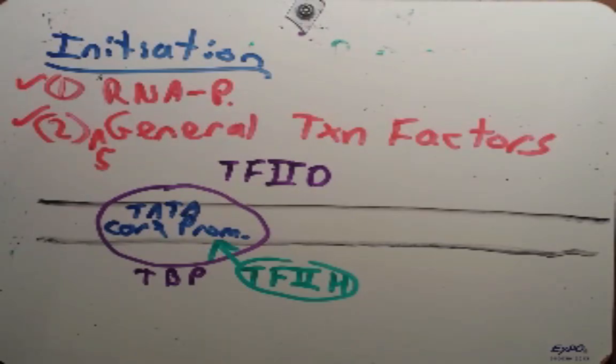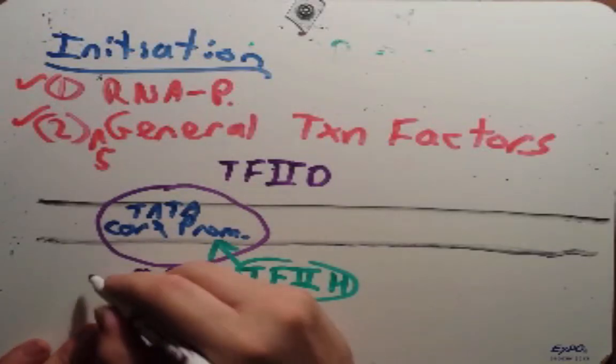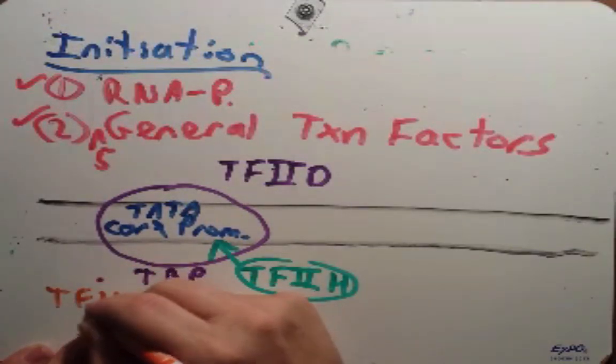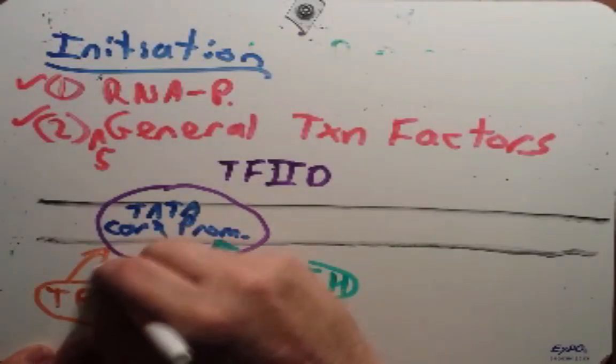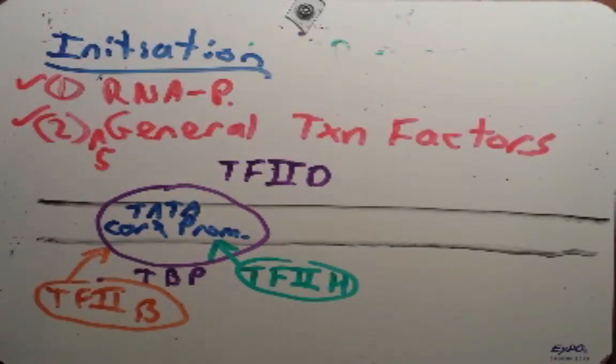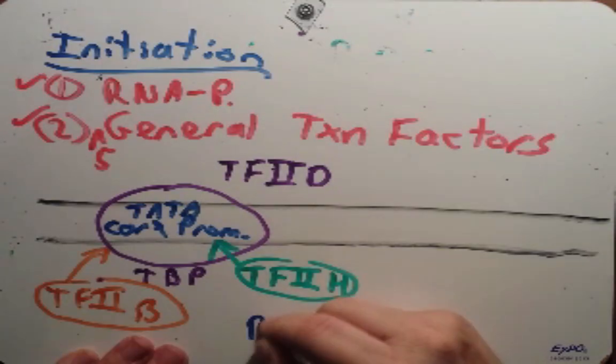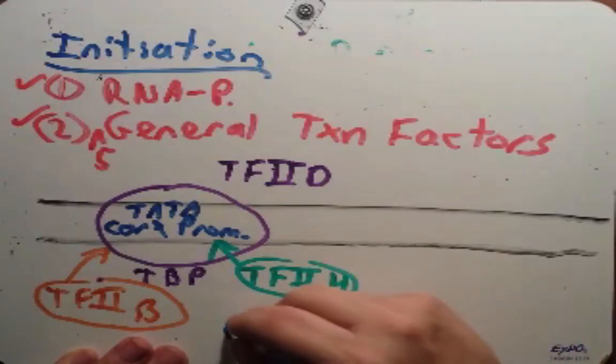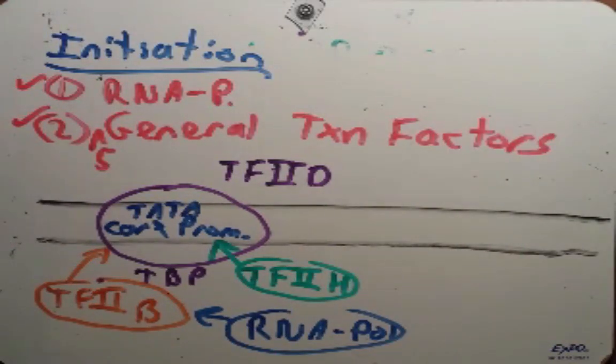And then one more that binds in here that I want you to know, and that is transcription factor 2B. It comes in here as well. And the reason this one's important is because this is what ultimately the RNA polymerase binds to.